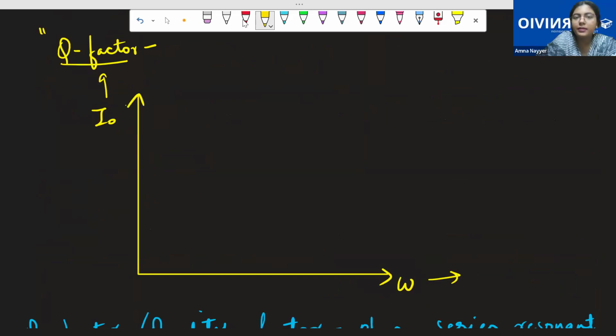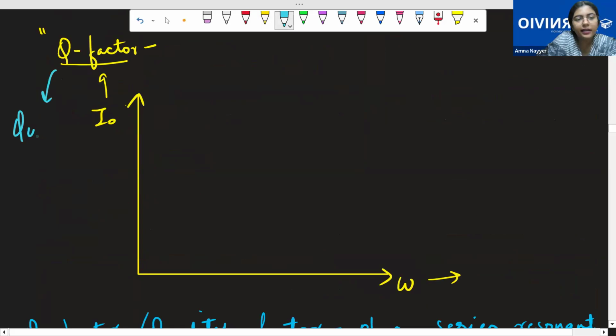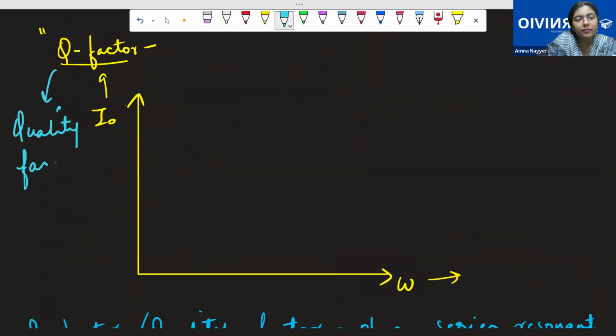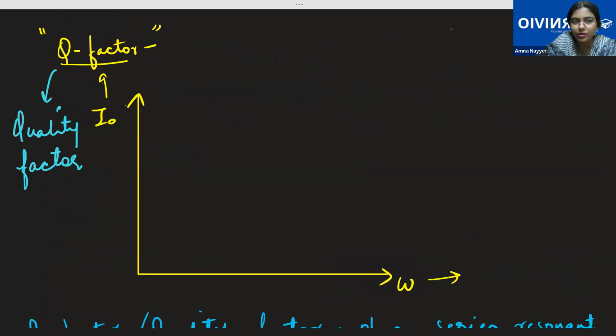See, now the term is quality factor. Q factor basically means quality factor. Quality factor is basically the sharpness of resonance. Different values will be there for XC and XL, though those values will be the same to each other at resonance, but those values can differ.